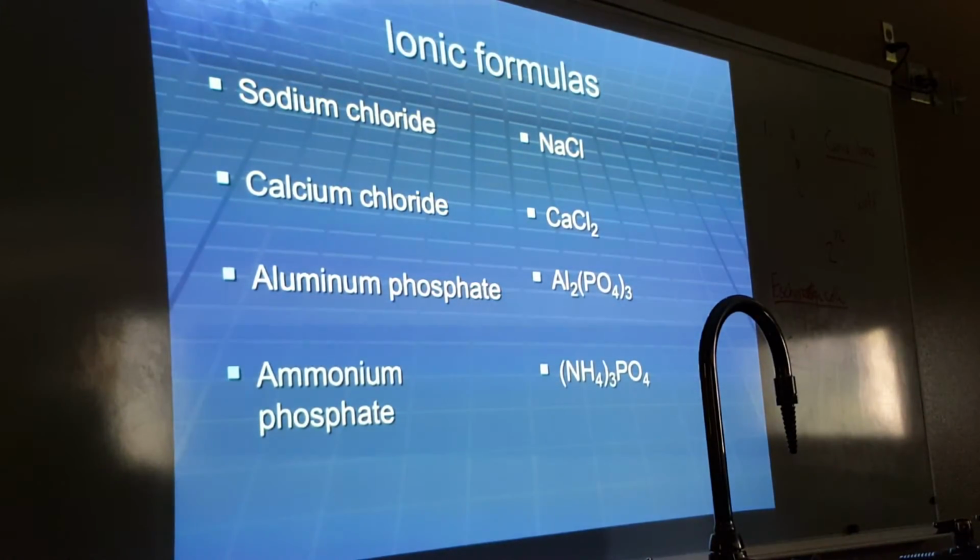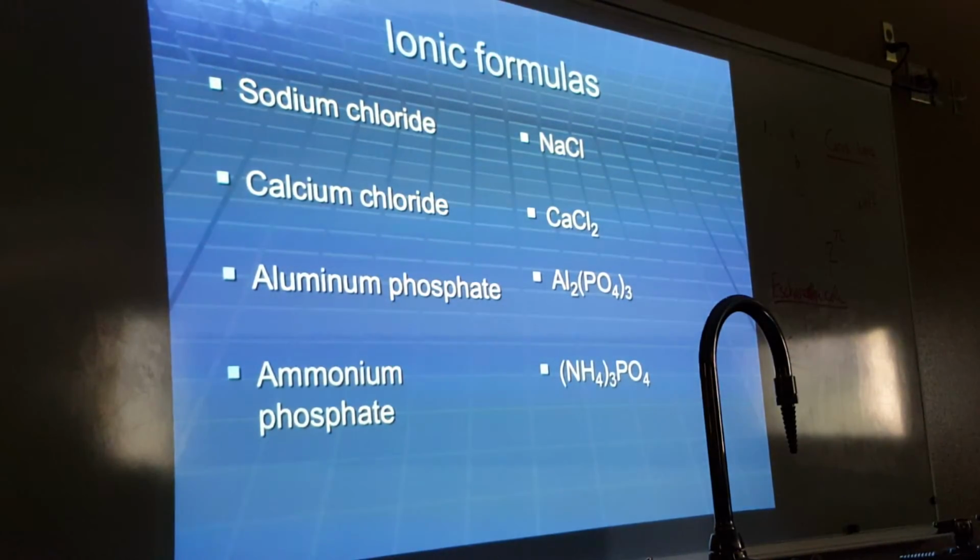So don't write C6P4, that's not the smallest whole number ratio. So we write Ca3. Do we write it like this?